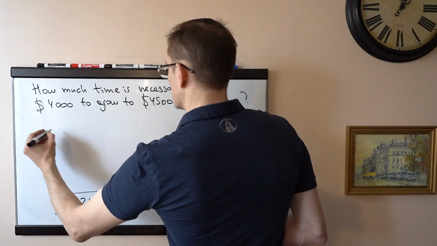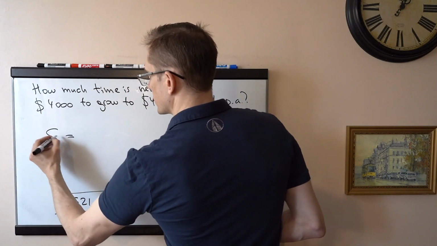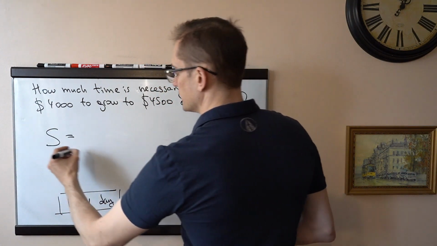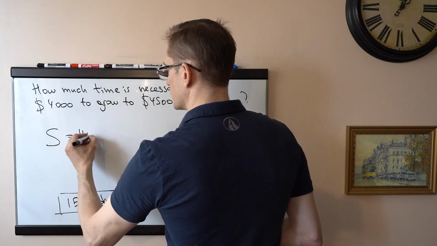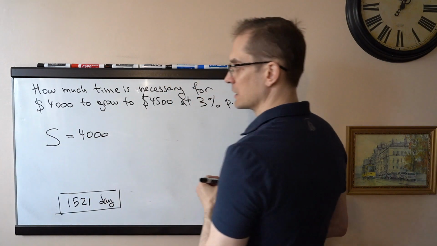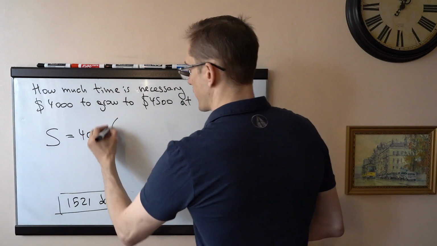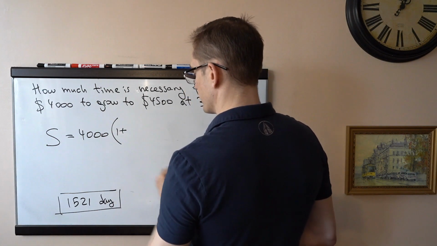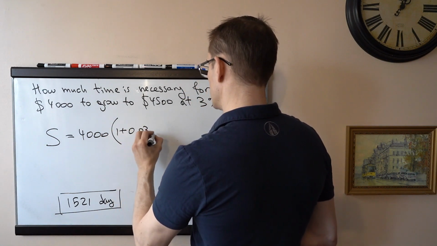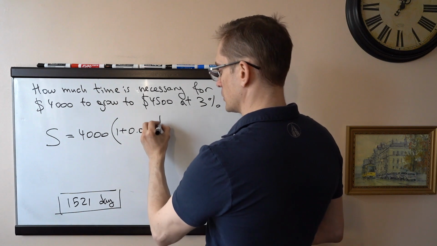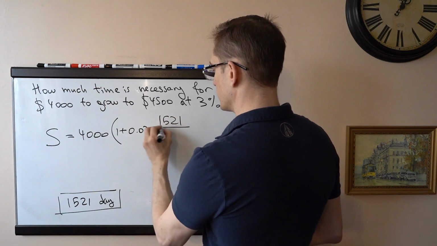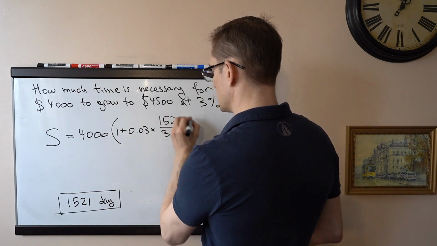Okay? Now, just to practice with this simple future value idea, we'll take our present value, which is 4,000, which is our principal, and 1 plus 0.03 times 1521 divided by 365.